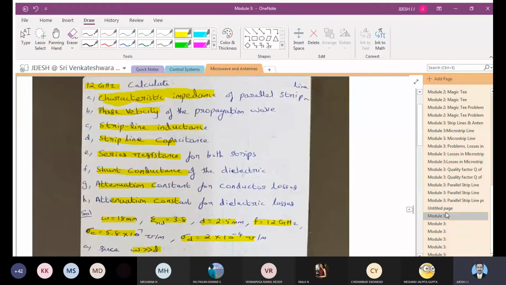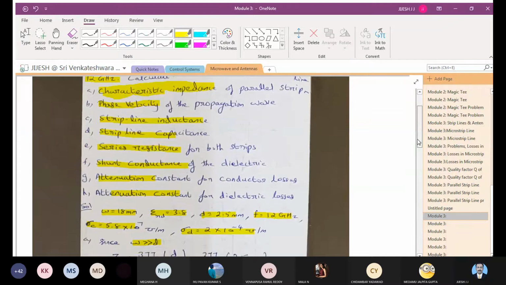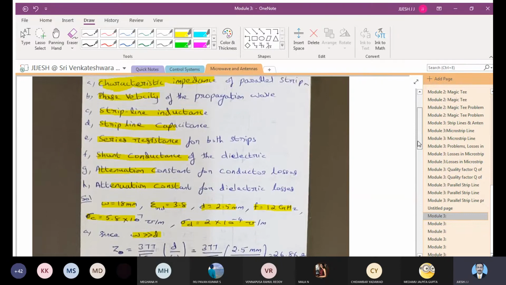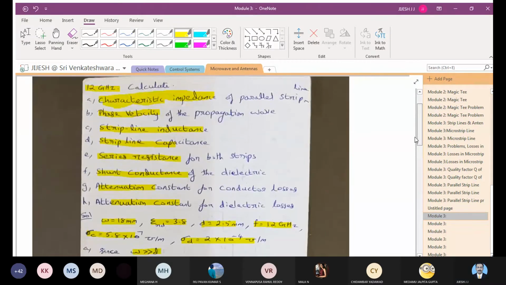So anyone of you got the characteristic impedance, Z0? You have to use the equation 377 divided by root of epsilon RD into D by W. Calculate and let me know what the answer is.